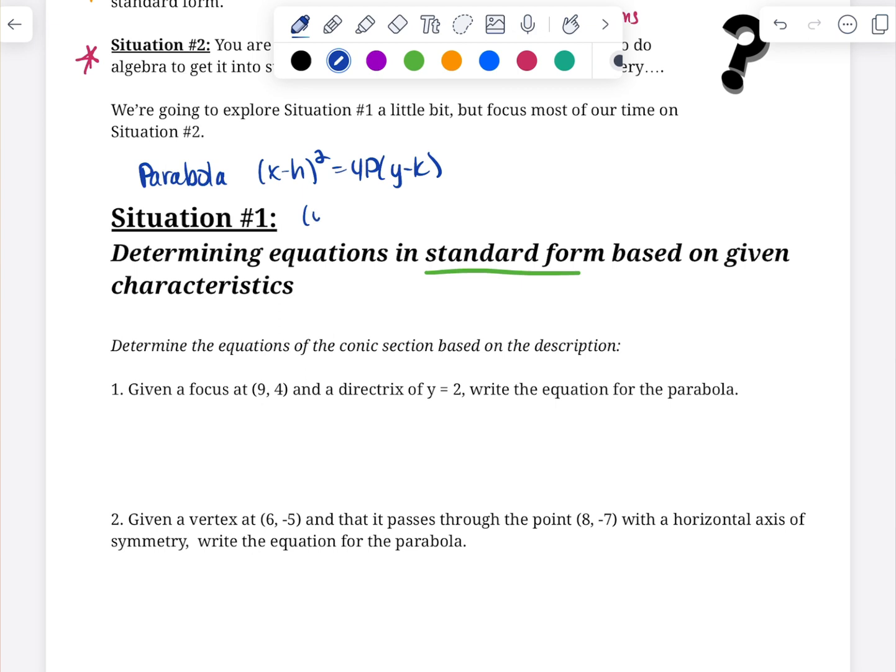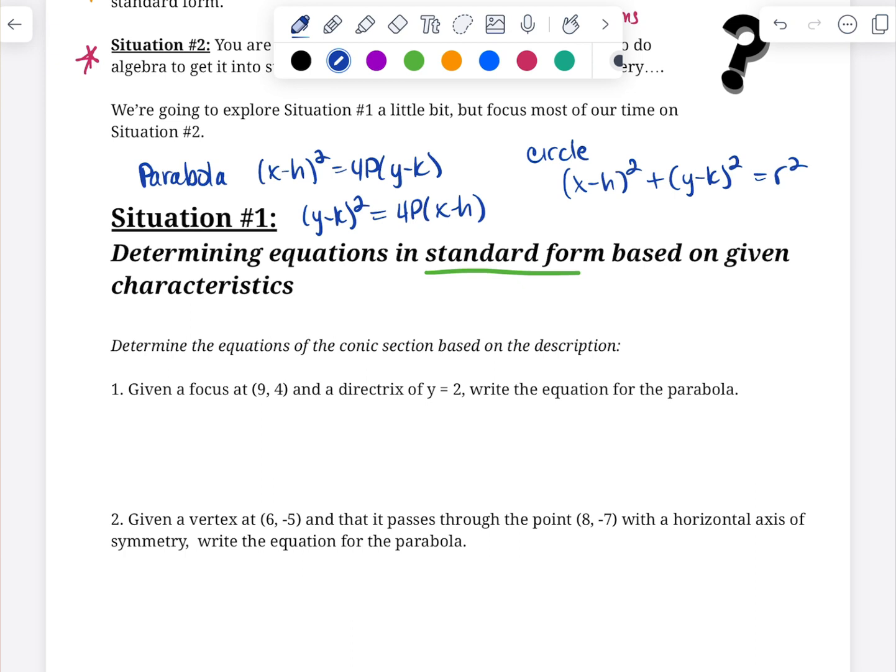Or we could have y minus k squared equals 4p times x minus h. If we were talking about a circle, remember we have x minus h squared plus y minus k squared equals r squared. And then there's still even more when we talk about an ellipse and a hyperbola.